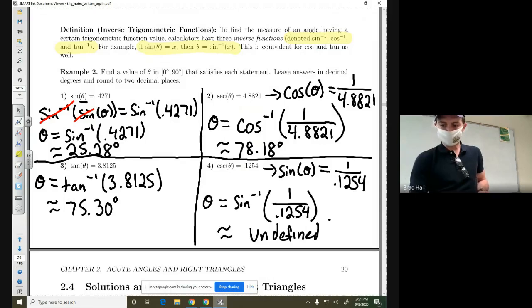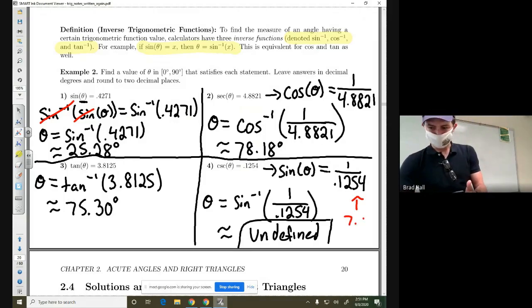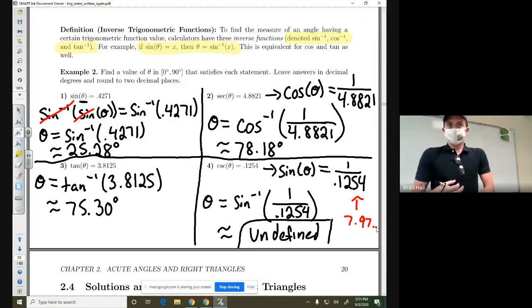And to tie this in to what we've talked about before, I'm just curious what that fraction is. 1 divided by 0.1254. It's about 7.97 blah, blah, blah. It says sine of theta is equal to pretty much 8. Sine cannot output numbers greater than 1.